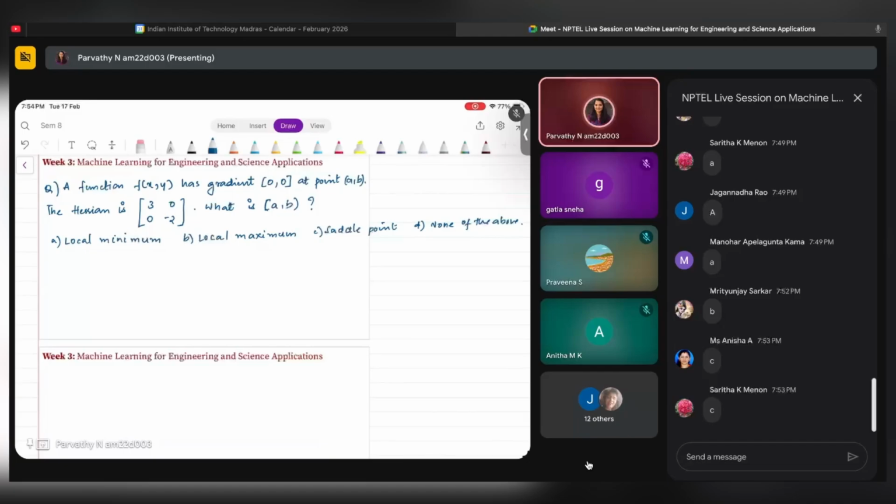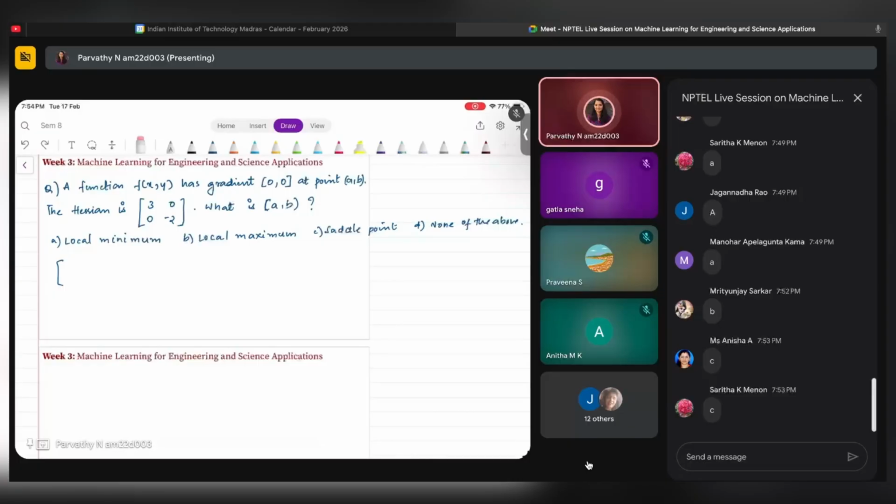Yeah, so the Hessian will tell us if it is a minimum or maximum or a saddle point. And when we take this Hessian, it is a diagonal matrix.